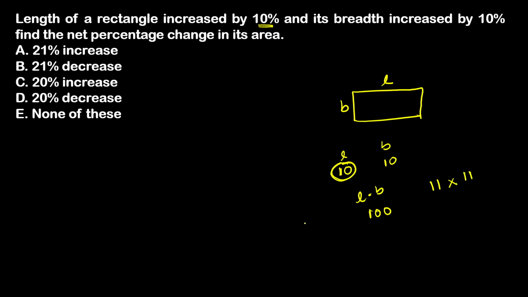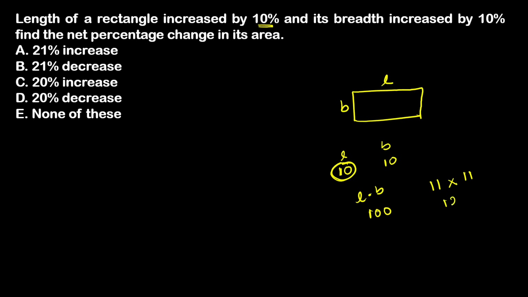Observe this one carefully. Length increased by 10% is nothing but 1/10 of 10, which is 1. So the new length becomes 11. Breadth increased by 10%. Initially the breadth being 10, when it's increased by 10%, the new value becomes 11. So the new length is 11, the new breadth is 11.